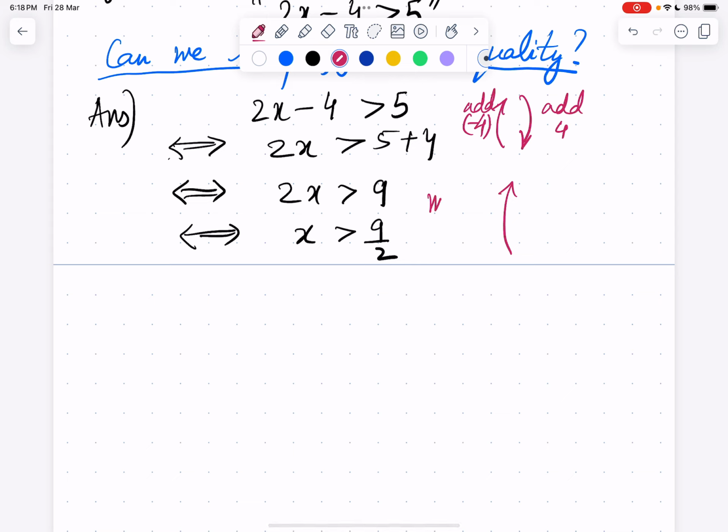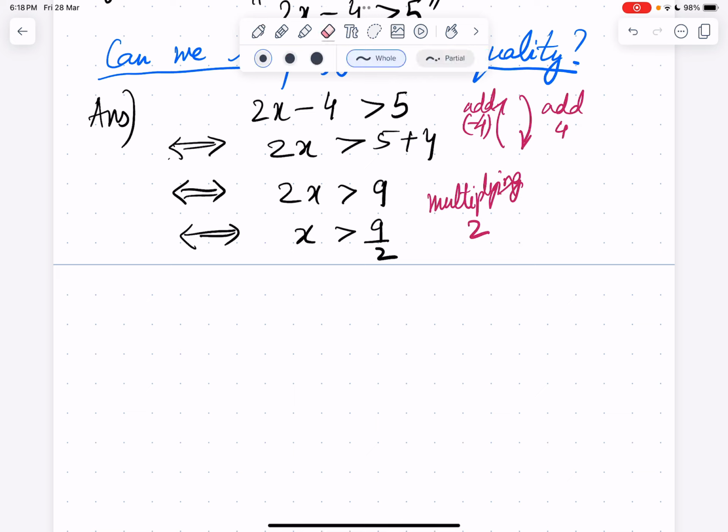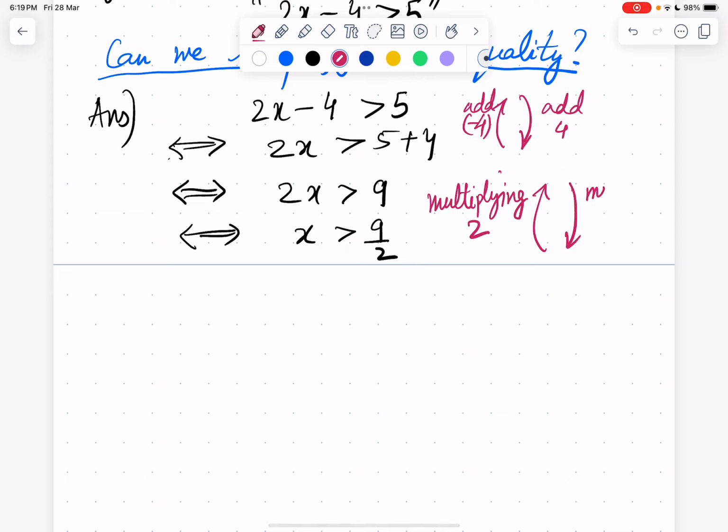So from the lower inequality to the top inequality, multiplying by 2 will get you there, and from the top inequality to the lower inequality, multiplying by half will get you there.